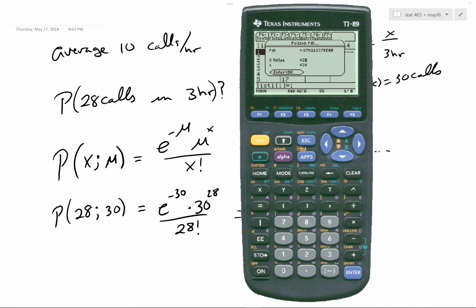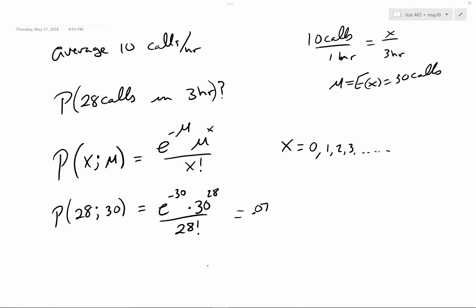On your TI 83s and 84s, it's just going to be Poisson PDF, and you're just going to go 30, 28. I always forget, to be quite honest with you, which one goes in first.